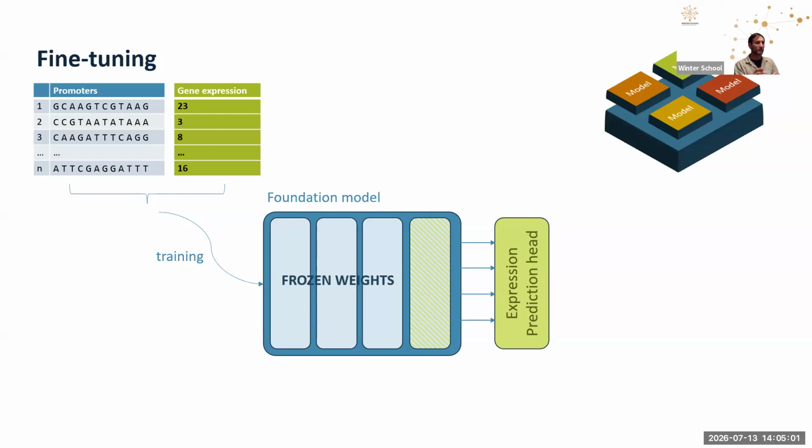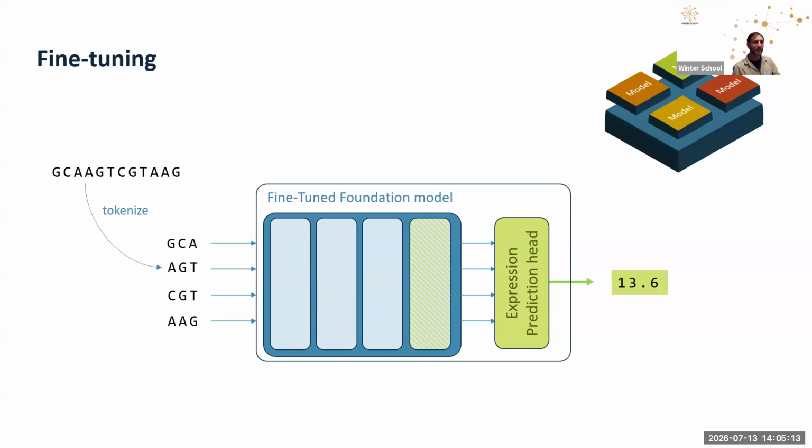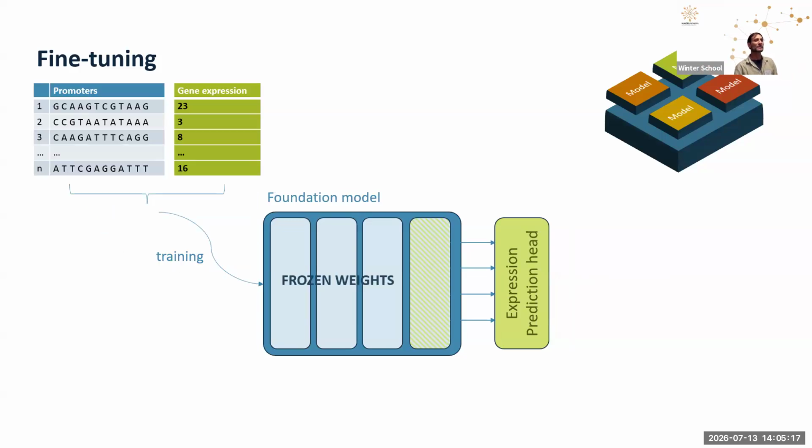But we can add on the end a special prediction head that's designed just for predicting gene expression. The promoters go in, the DNA goes in, and the expression head predicts a value of expression. Depending on how right or wrong it is, the model gets trained and tweaked, and the weights in the expression head get trained to predict expression given DNA embeddings.